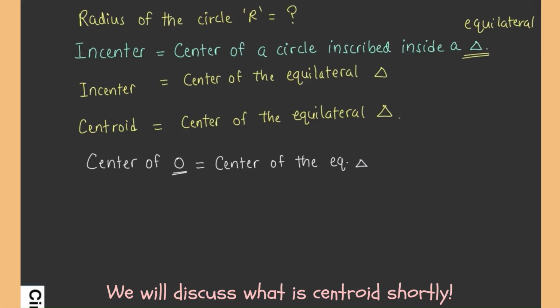The center of the circle that is inscribed inside a triangle will be equal to the center of the triangle only if the triangle is an equilateral triangle. And two, if it is an equilateral triangle, then the center of the equilateral triangle is equal to the centroid of the equilateral triangle.